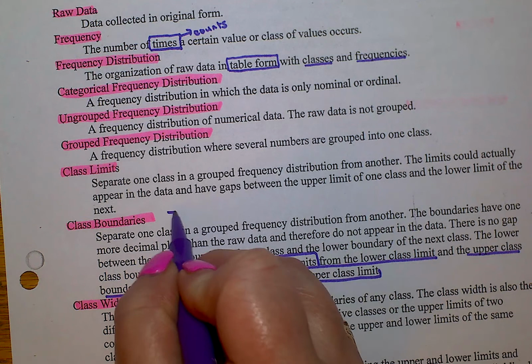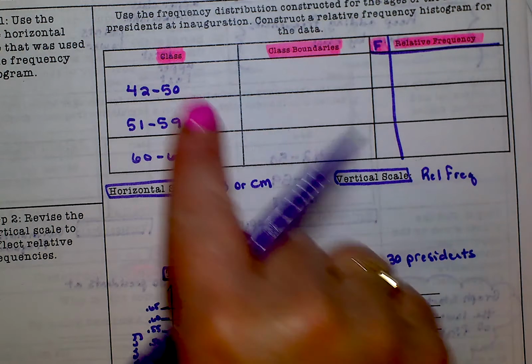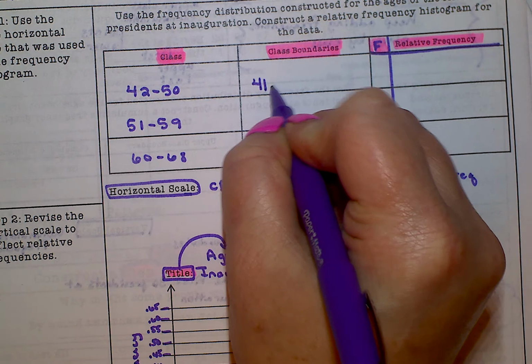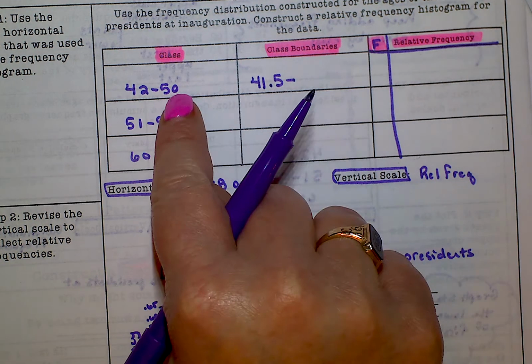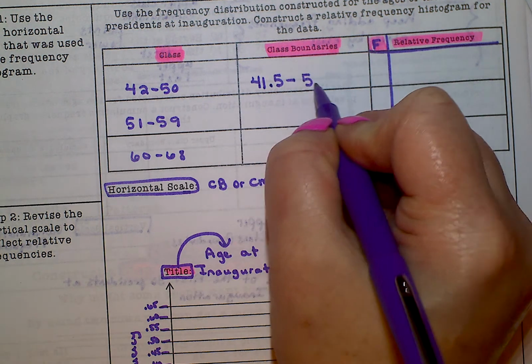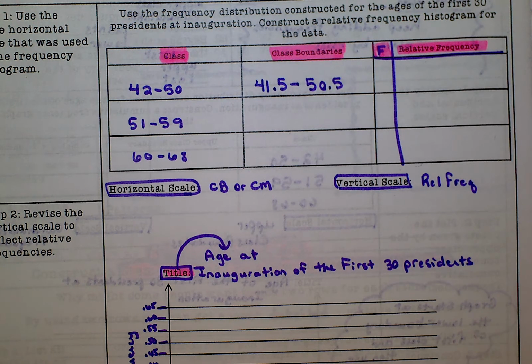So this is where you're going to do plus or minus 0.5. So we're going to subtract the 0.5 here, which would give us a lower class boundary of 41.5. We're going to add the 0.5 to the upper class, which would give us a 50.5. See if you can complete the other two.